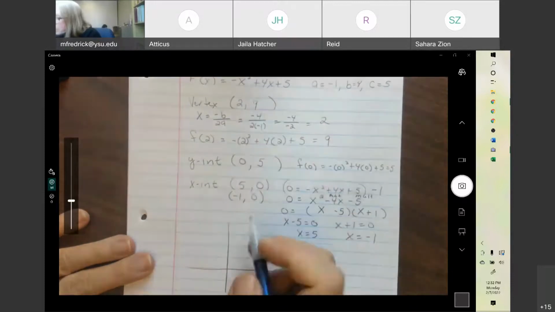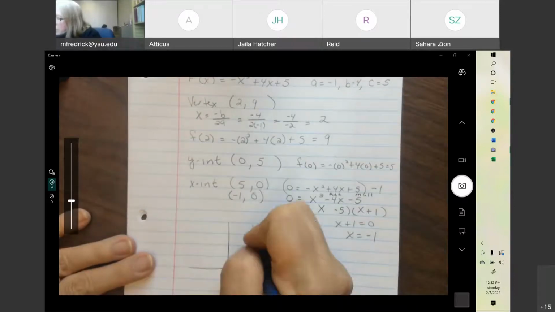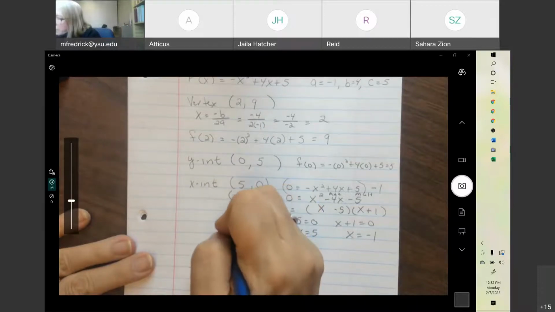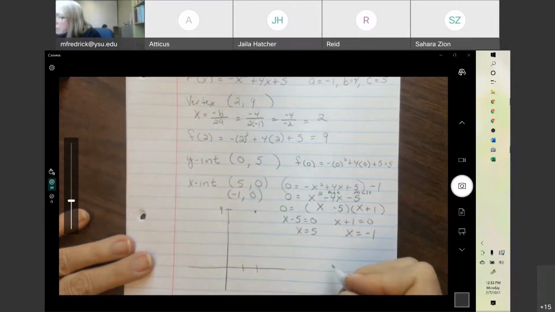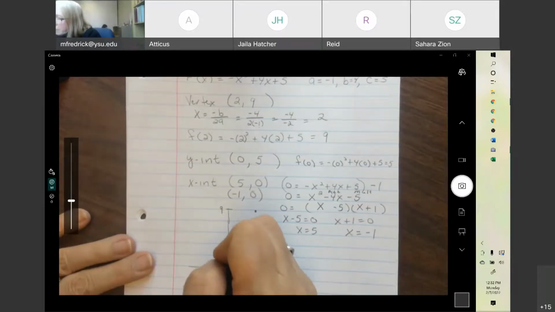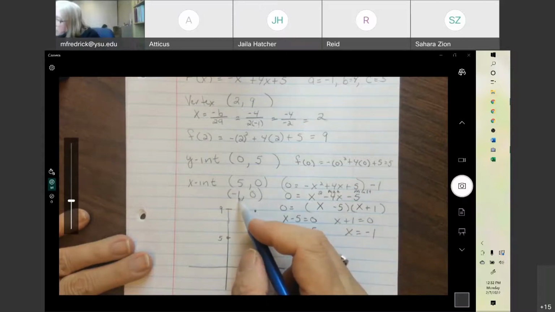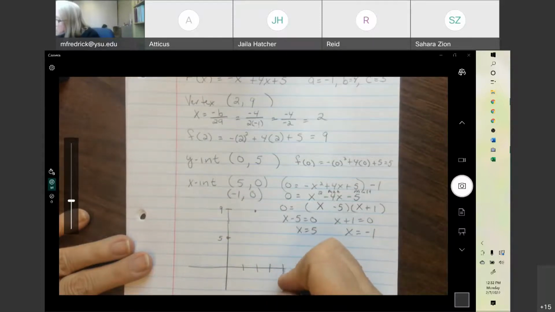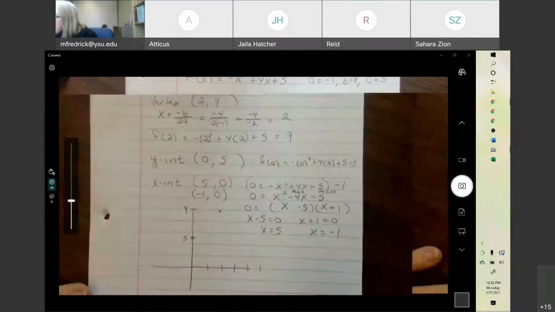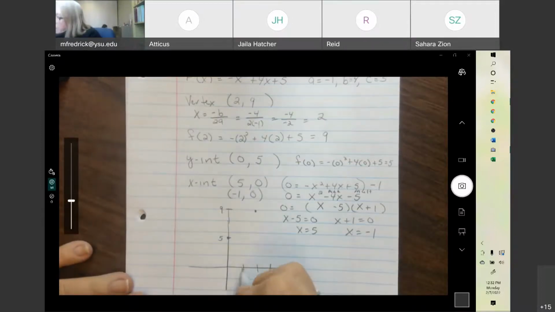Vertex first, 2, 9. So we go over 2 and up. The y-intercept is at 5. And the x-intercepts, oh yeah, that's right. 1, 2, 3, 4, and -1.